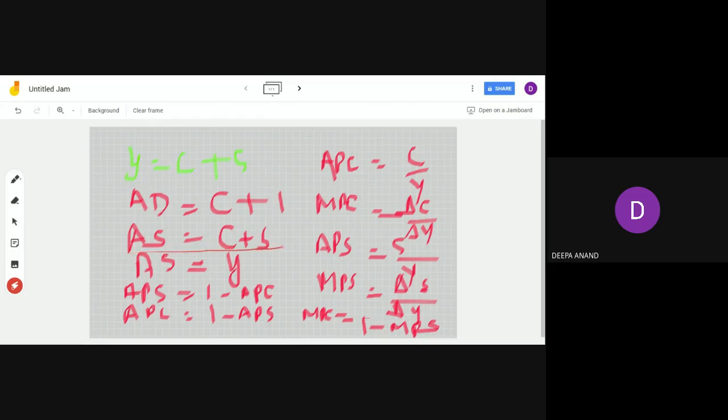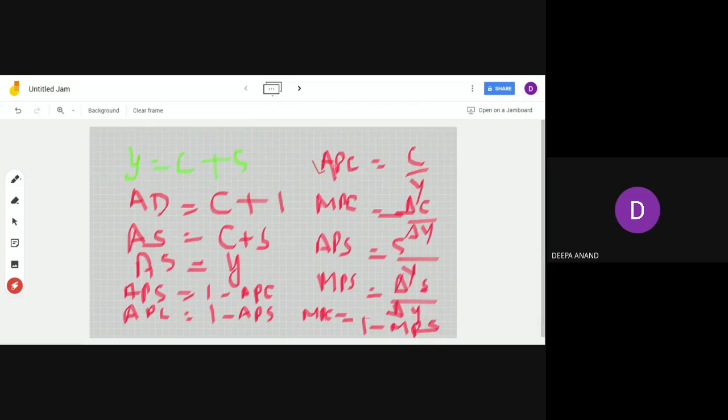AS means aggregate supply. We have studied that aggregate supply is the national income. AS is equal to Y. And Y is either consumed or saved. So AS is equal to C plus S.